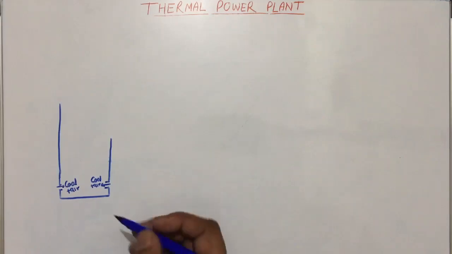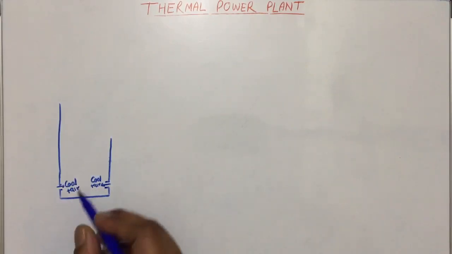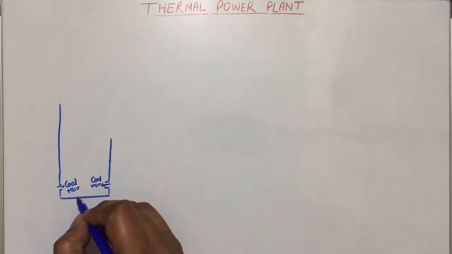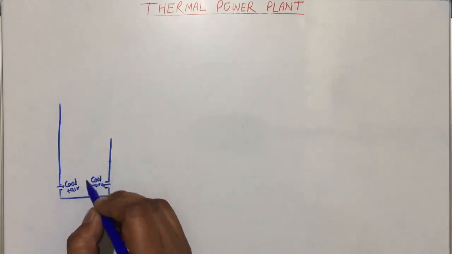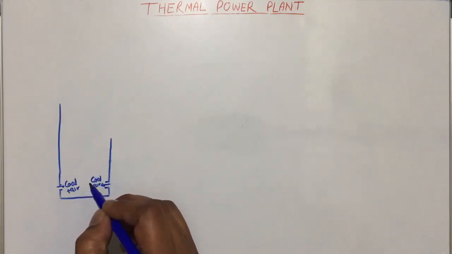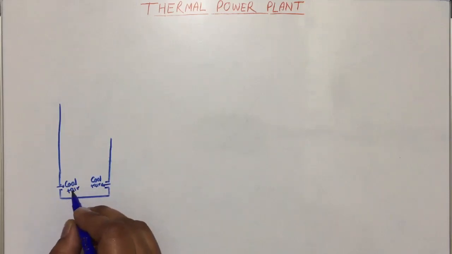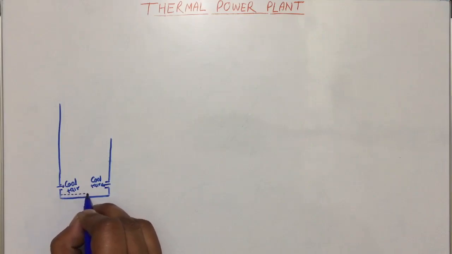But if we inject the coal and air like this, then it is possible that the coal cannot go up, and it will be settled somewhat here.